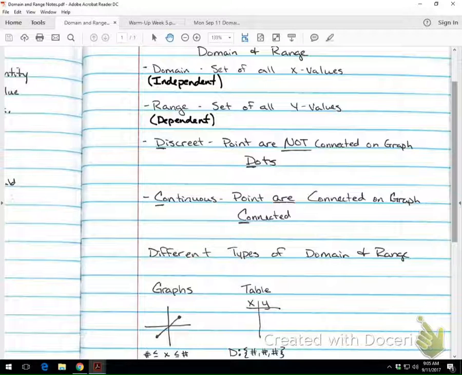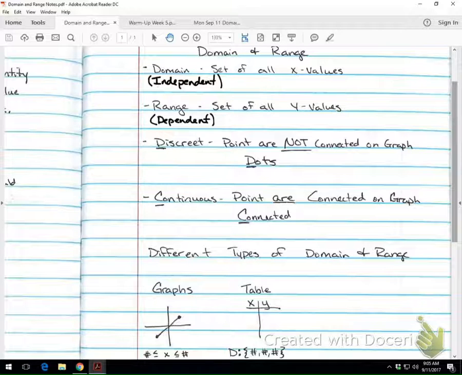So, now discrete. What discrete means is when we're talking about graphs, I'm going to ask you, is this graph discrete or continuous? And the easiest way to remember this when you're looking at a graph is discrete is they're just dots on the graph. They're not connected by any lines, they're just dots. So discrete starts with D, dot starts with D. Okay?